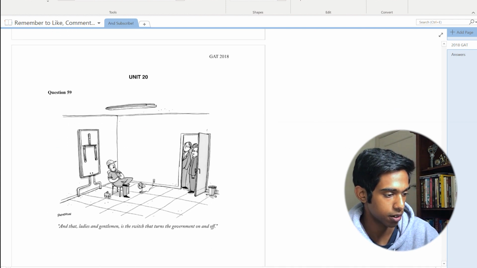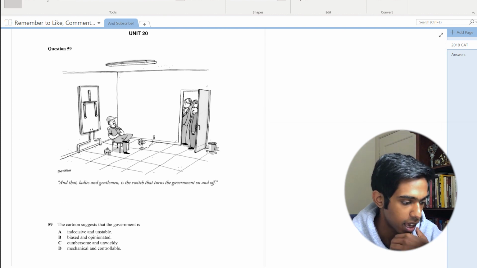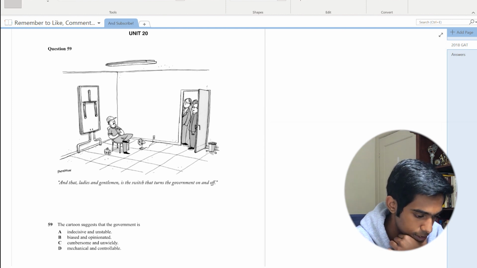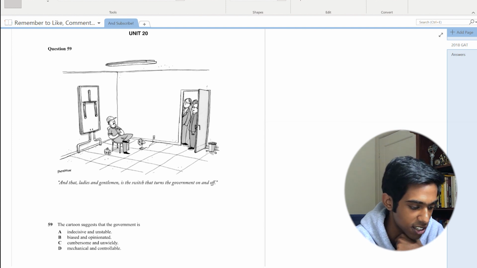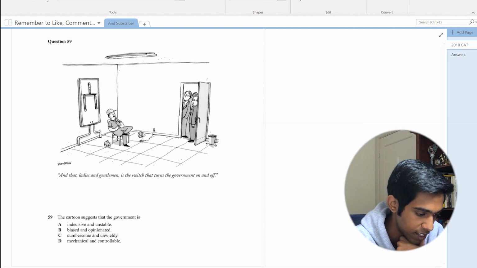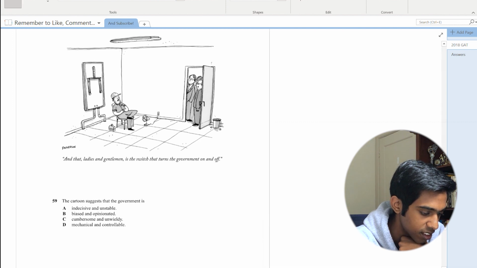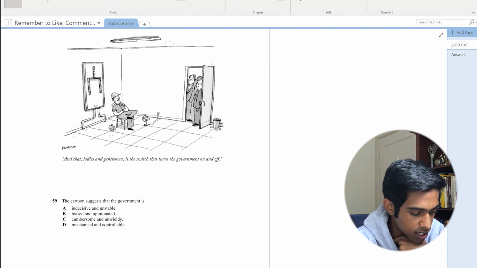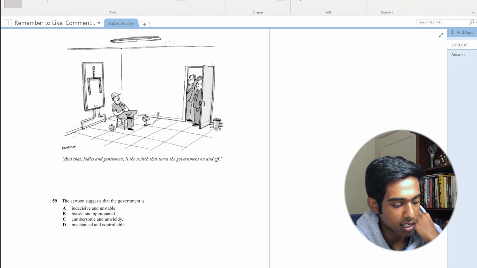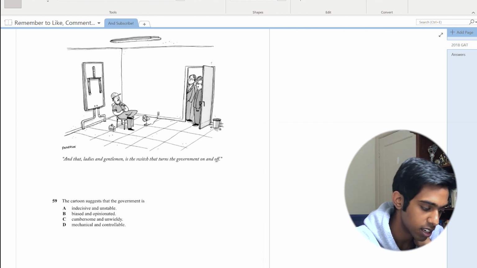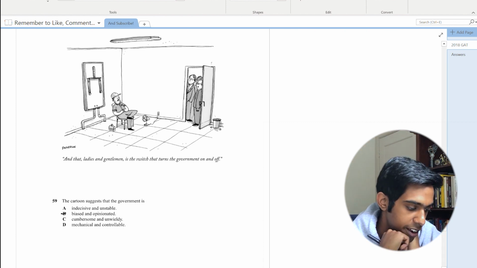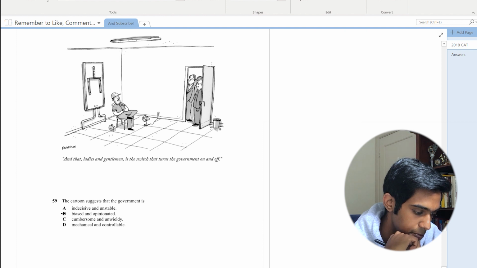Question 59, we're looking at a cartoon. That, ladies and gentlemen, is the switch that turns the government on and off. The cartoon suggests that the government is indecisive and unstable, biased and opinionated. I don't think it's B. I find these ones very, very hard.